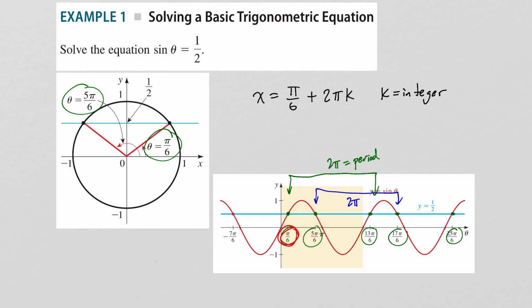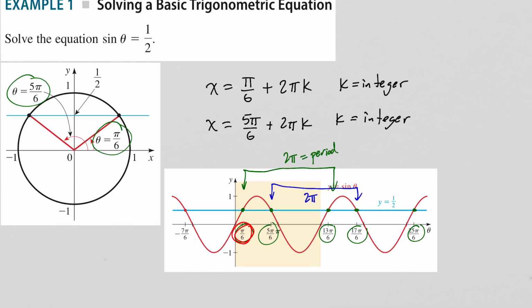All right, so for example, if k equals 1, we're adding 1 multiple of 2 pi. If k equals 2, we're adding 2 multiples of 2 pi. If k equals -1, we're subtracting a multiple of 2 pi. And that will give us the solutions in the other direction. So the two solutions are x equals pi over 6 plus 2 pi times k, or 5 pi over 6 plus 2 pi times k. And in both of these cases, k is equal to an integer.